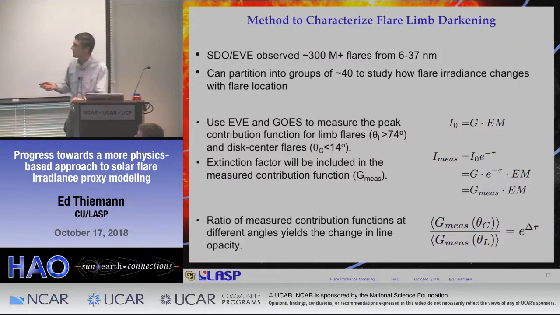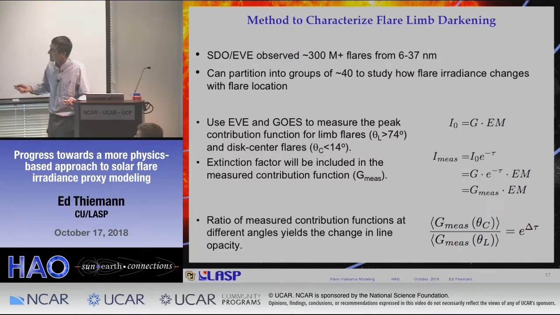We know that the intensity at the source is related to the emission measure by the contribution function. If we assume that there's going to be some self-absorption in the corona, which we can lump into this extinction factor, what we measure is related to what's emitted according to this expression here.